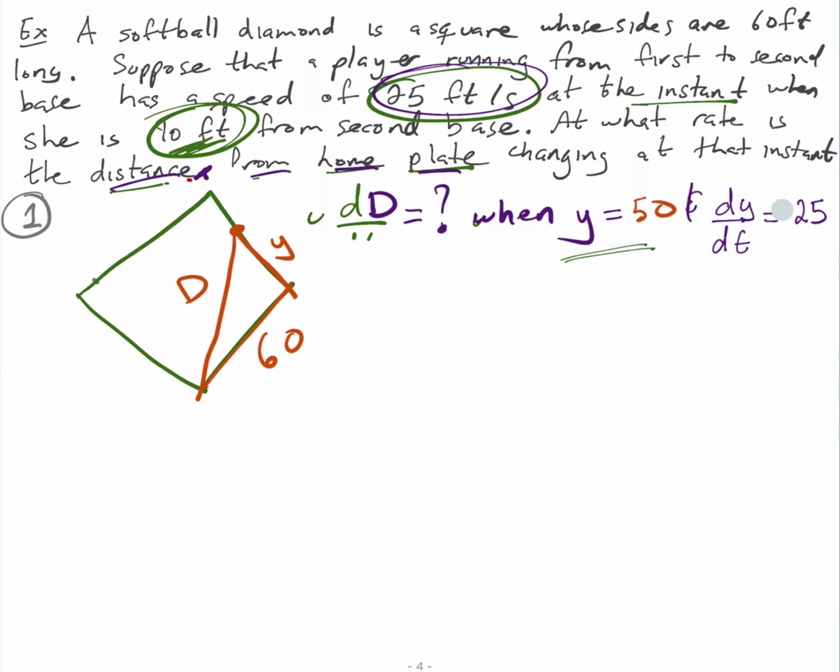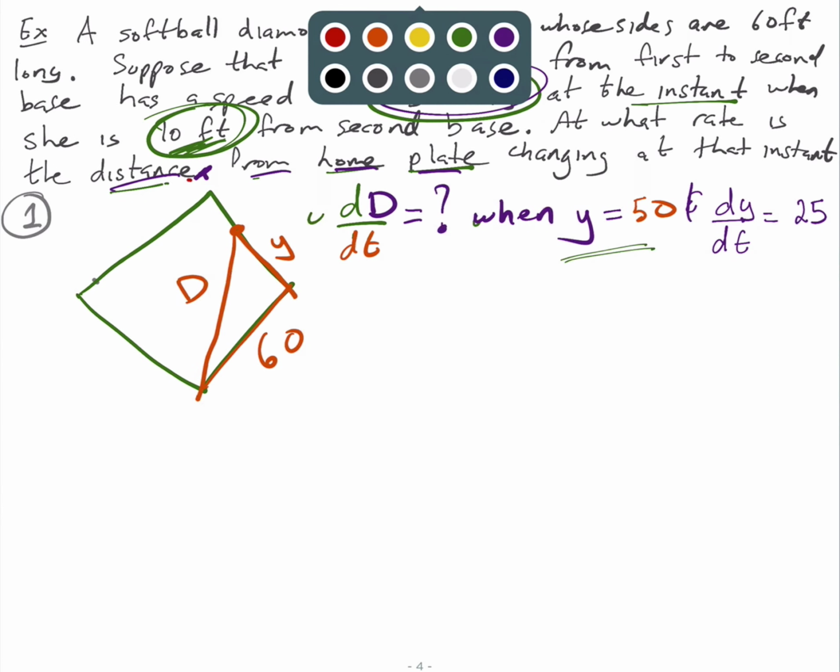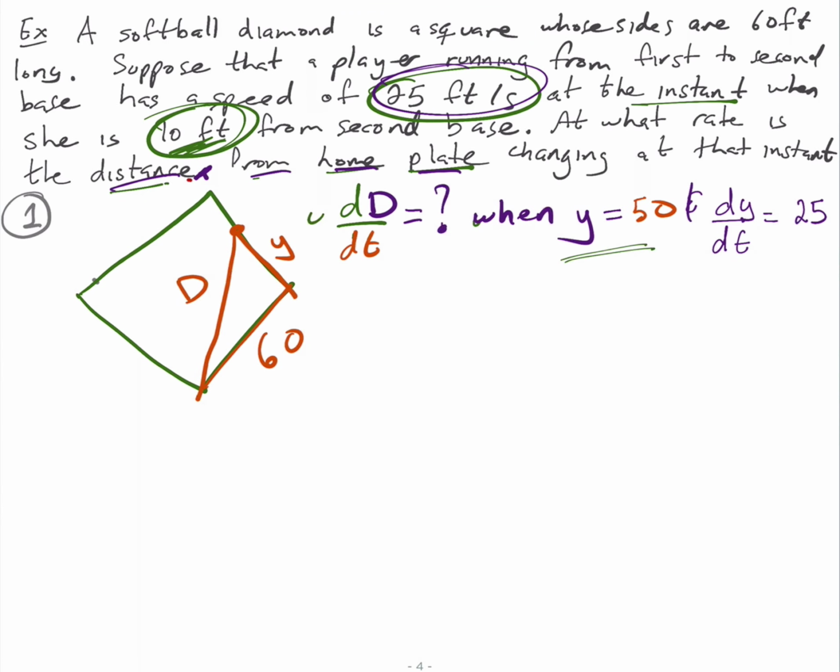And when dy over dt is positive 25. Okay, so there it is. That's our modified problem. All right, so what formula are we going to use? Pythagorean theorem, the same one that we did last time, right? So y squared plus 60 squared equals d squared, right?